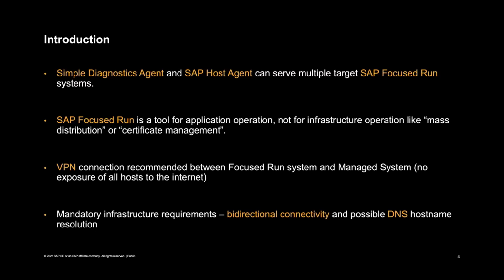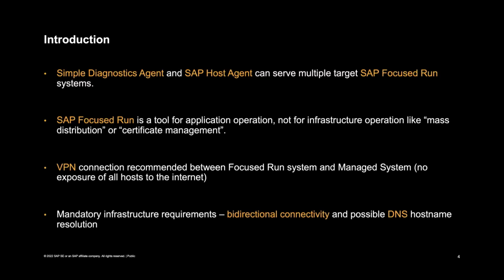It is mandatory between managed components and Focused Run to establish a bidirectional connectivity and a full DNS hostname resolution. So it's not possible to address systems or hosts in your landscape via IP addresses. We are always using fully qualified host names to communicate.